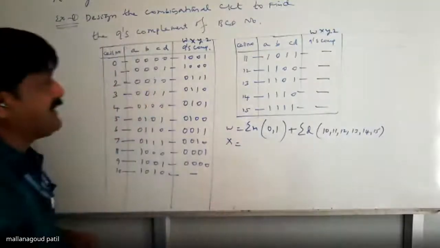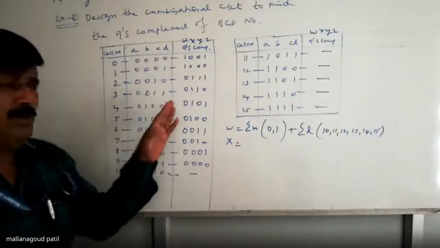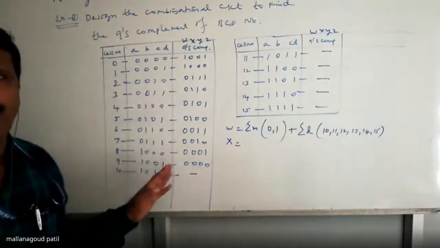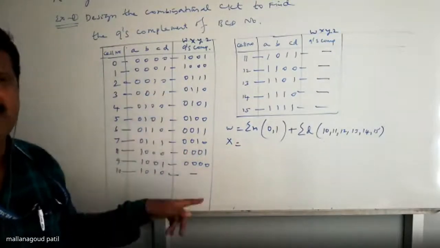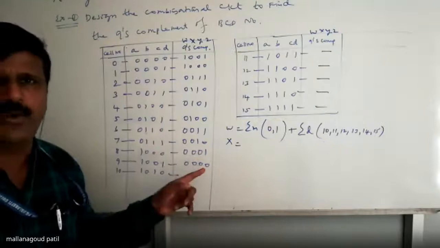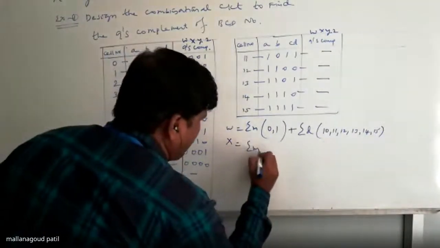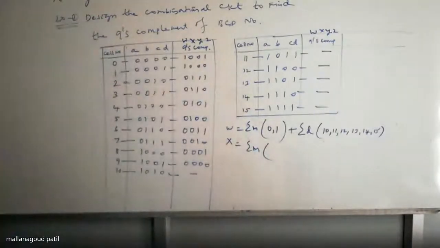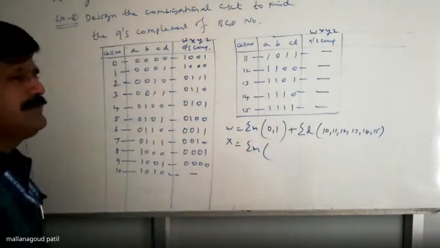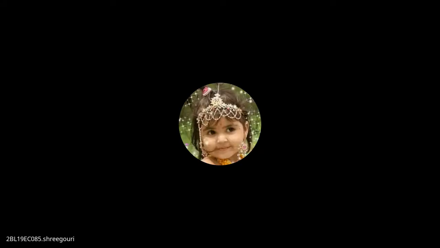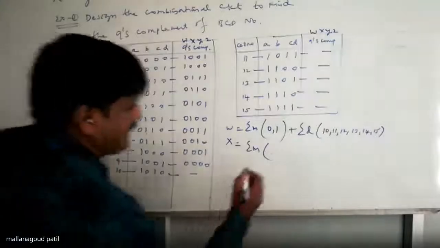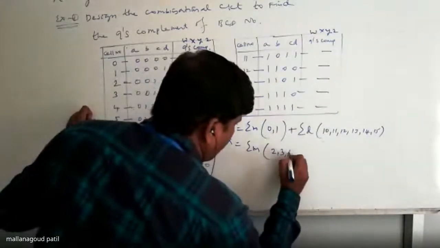Tell me X, how you are writing? Second column, where you have a 1, that will be min terms that exist in the design. Where you have a 0, discard it. Then I can write X equal to sigma M of. Tell me anyone, where you have a 1? 2, 3, 4, 5. I can write 2, 3, 4, 5.